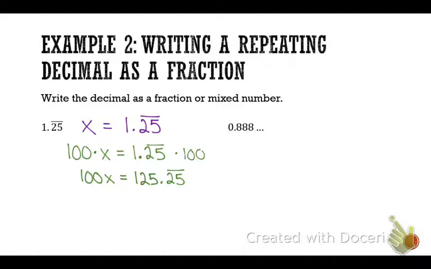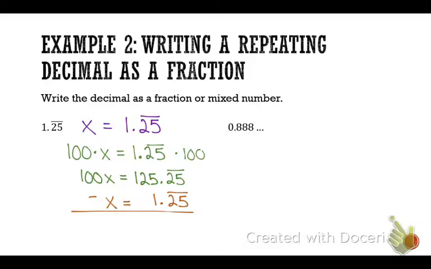My next step is to subtract my original equation. Connor, head up. Minus x equals 1.25 repeating. And now look what happens. 100x minus 1x.